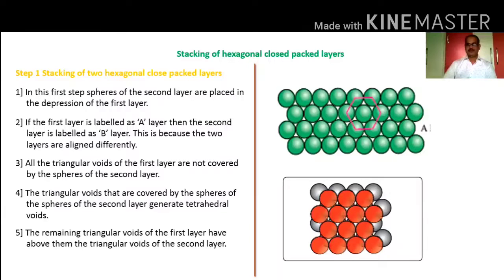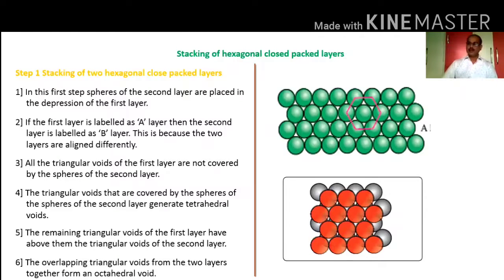The remaining triangular voids of the first layer which are not covered have above them the triangular voids of the second layer. So the uncovered triangular voids of the first layer, and the triangular voids of the second layer which are above them, together form another type of void which is called an octahedral void.